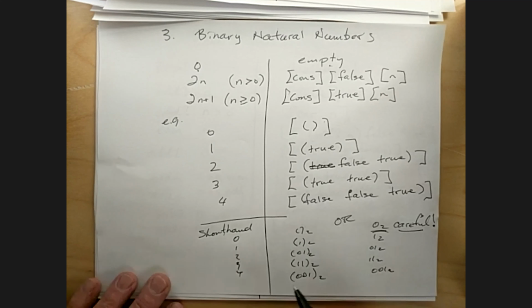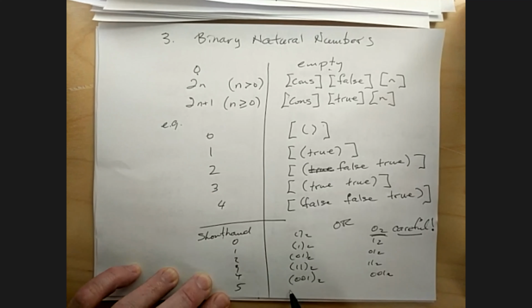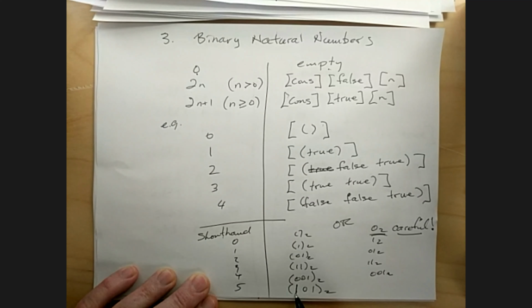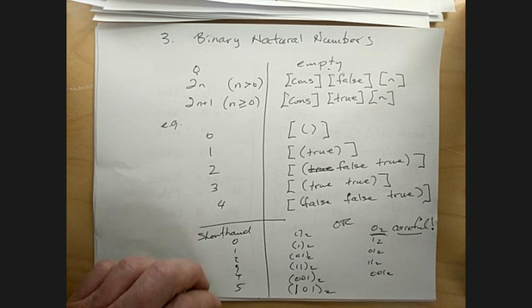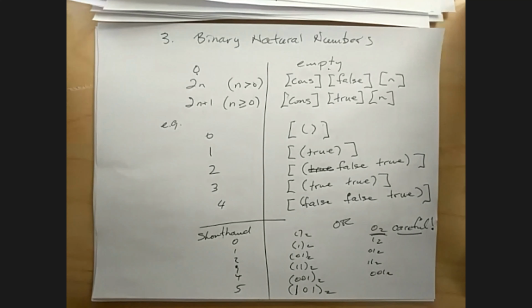And 5 is going to be 1, 0, 1. So this means that there's 1 in the units. This means that there are 0 2s and 1 4. So 1 1 and 1 4 totals 5. So this is the basic representation we're going to use for numbers.